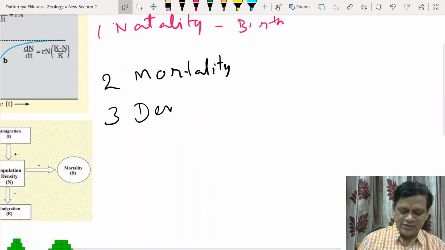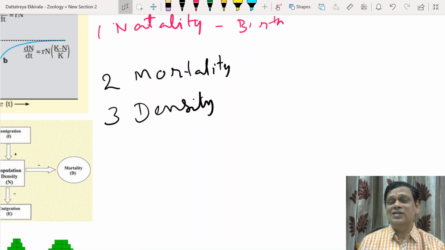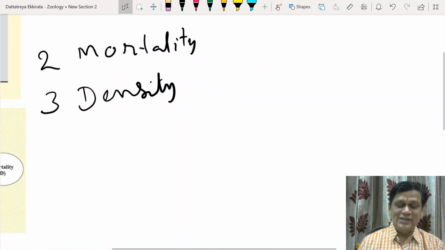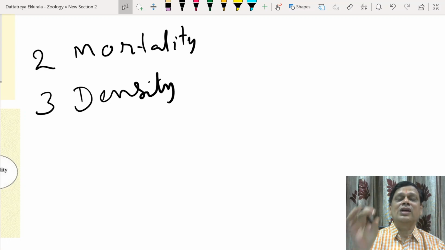Then coming to density. So what is density? Once I asked in a class, they started saying density means mass by volume. Not that one. Density means the number of organisms in a unit area.